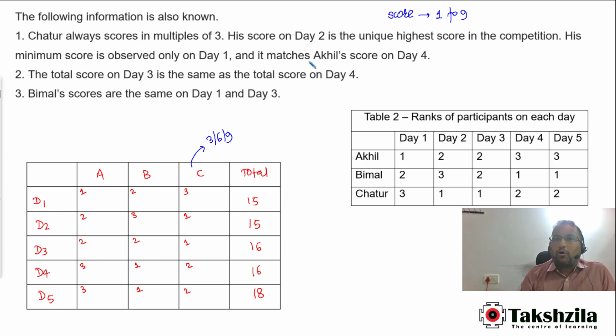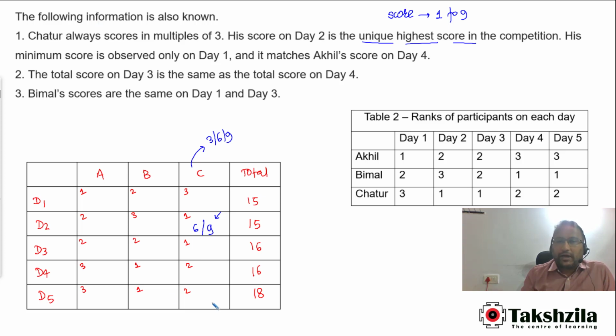His score on day 2 is the unique highest score in the competition. So over here, can he score 3? No, because over here the rank is 1. Can he score 6? It is very much possible. Can he score 9? It is also very much possible. But it is the highest unique score in the competition.